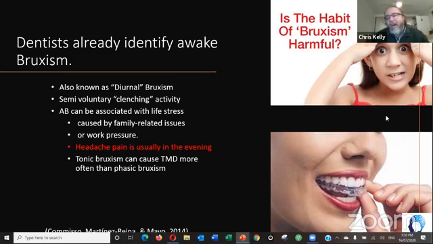So in my opinion, is it important whether they've got a big masseter or a big temporalis? In the end, I've had patients who had both.